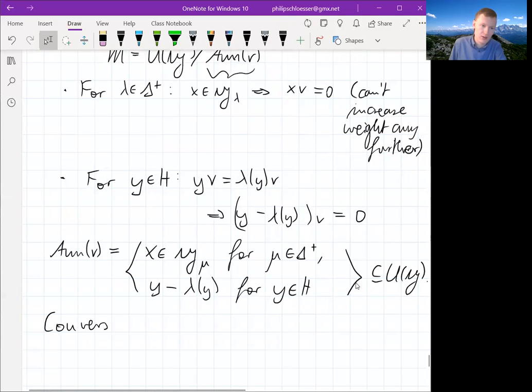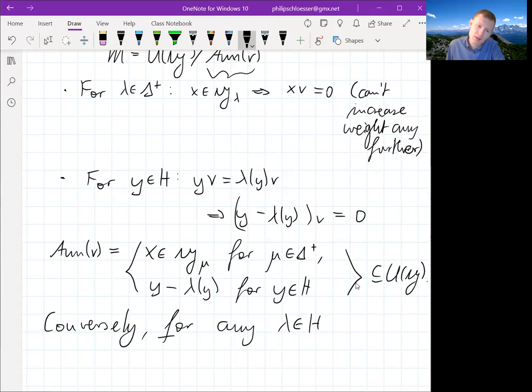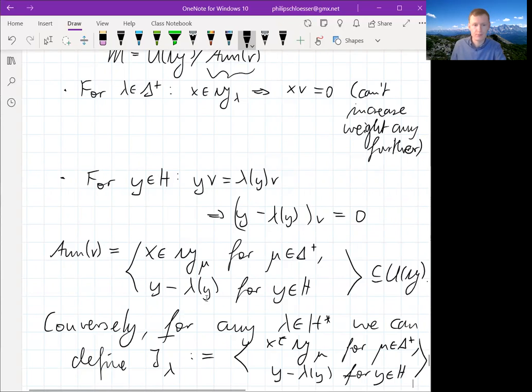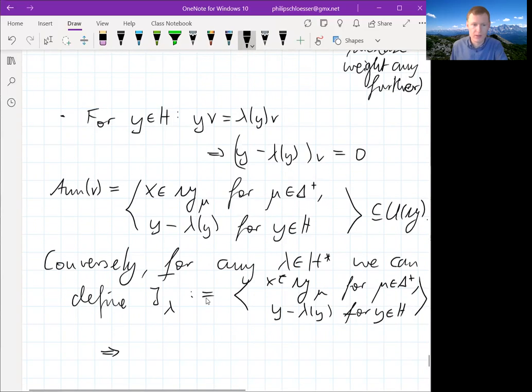And conversely, for any weight lambda, we could define the ideal I lambda to be exactly that: x in the positive root spaces, and y minus lambda y for y in H. And then this is a left UG ideal, so a UG submodule, and then this would be a UG module.